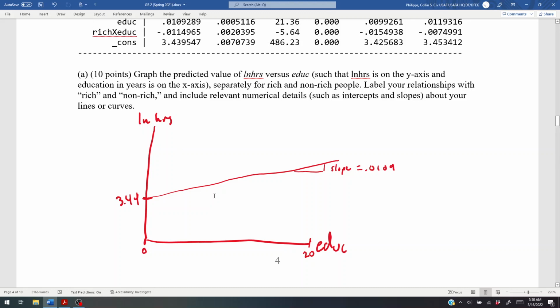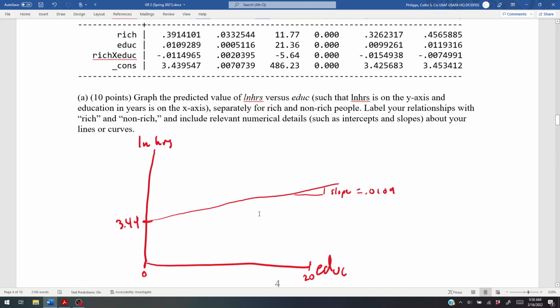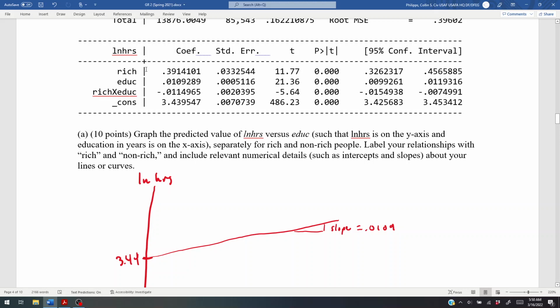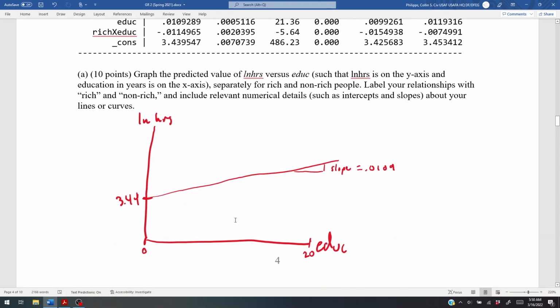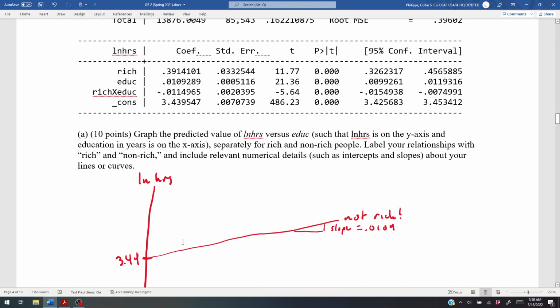All right. What can we do next? Well, suppose I am rich, because this is not rich, right? Not rich. But suppose I am rich. Okay, then what happens? Well, if education is still 0, then rich times education is still 0. But when I am rich, this variable, rich, is equal to 1.